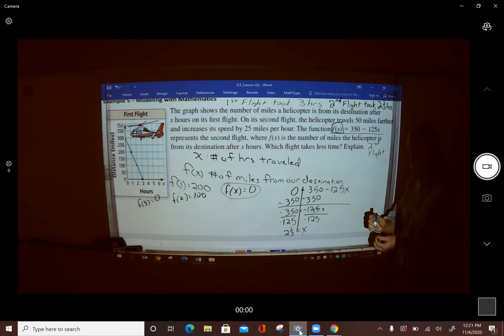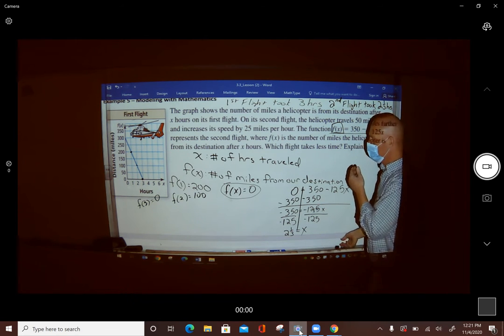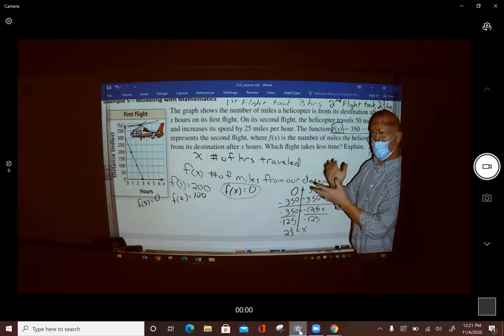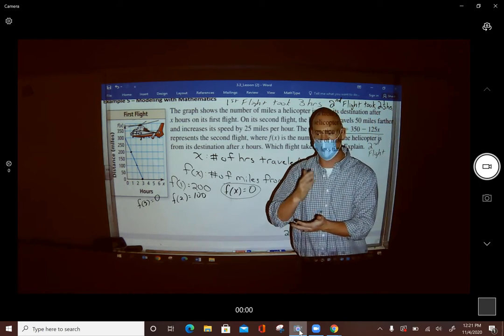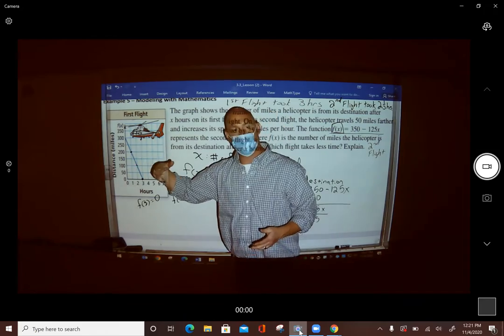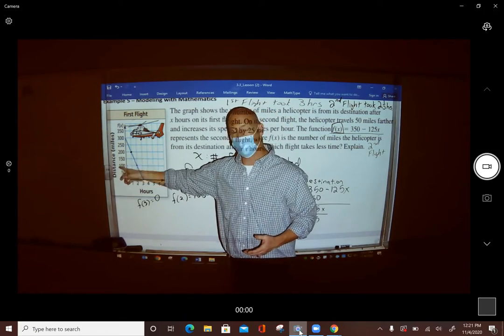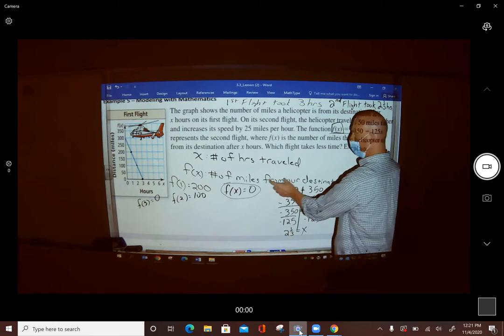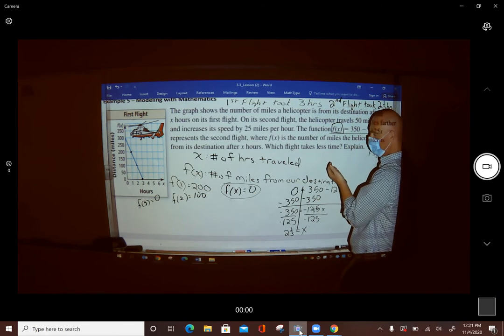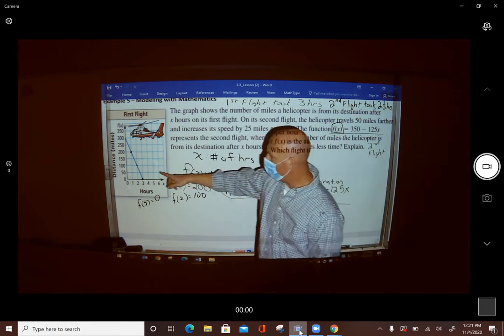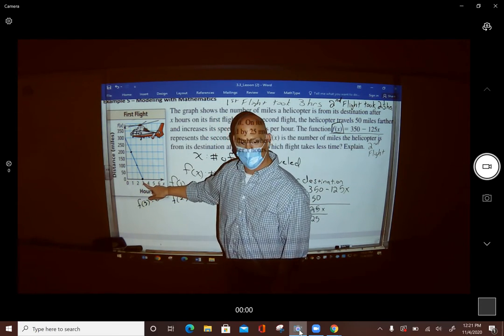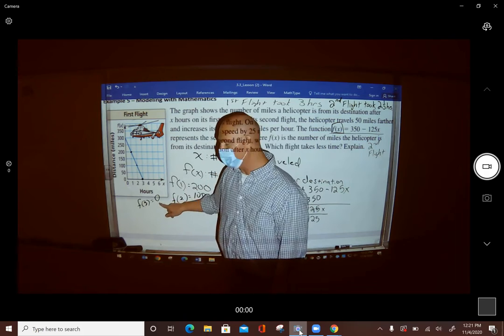So again, as a final recap, they were asking us which flight took less time. In order to know that, you have to figure out, when do I arrive? You arrive when your distance is 0, or when your f of x is 0, because that's your miles from your destination. Looking on the graph, that's going to be down here at the x-intercept, at (3, 0), or f of 3 equals 0.